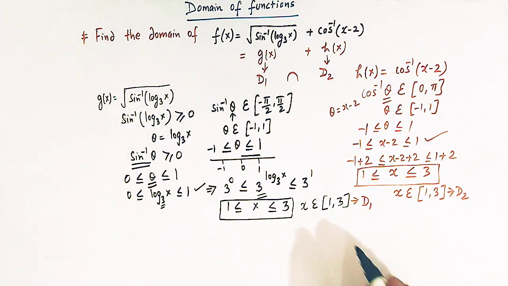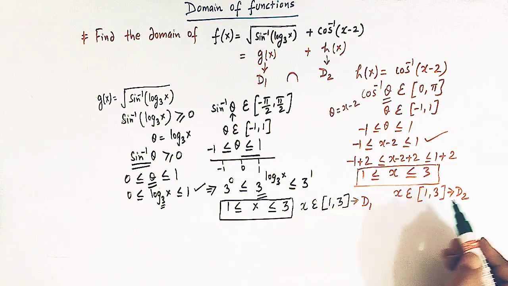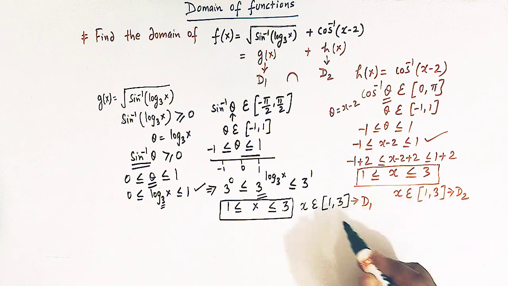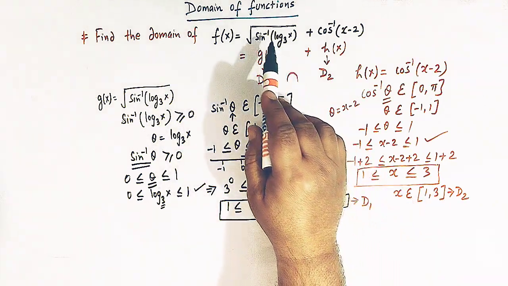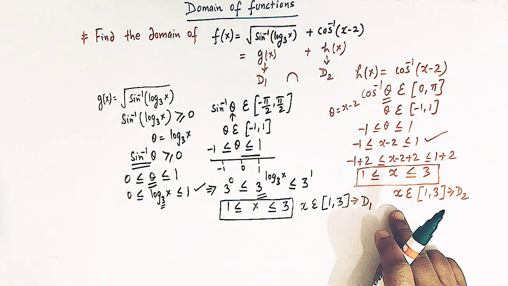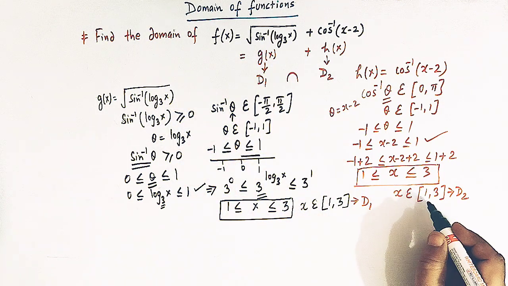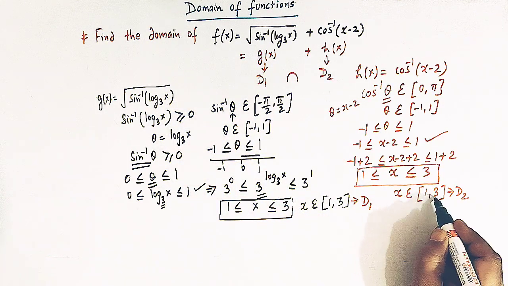So here we have got the domain d1 as 1 to 3 and d2 as 1 to 3. So we can see that the domain of both the functions are same, right? So this is very interesting here. The domain of both the functions are same, that is the interval 1 to 3.